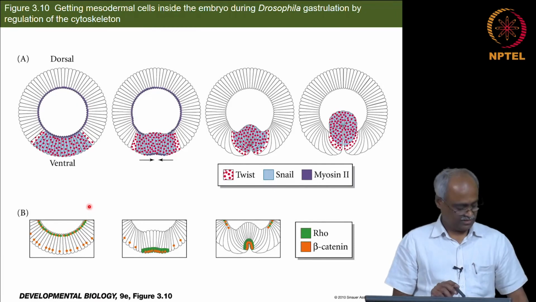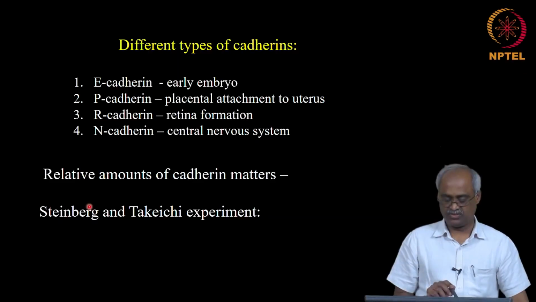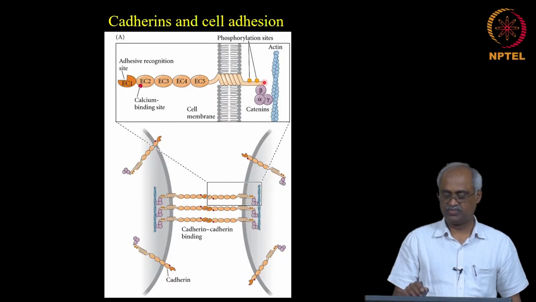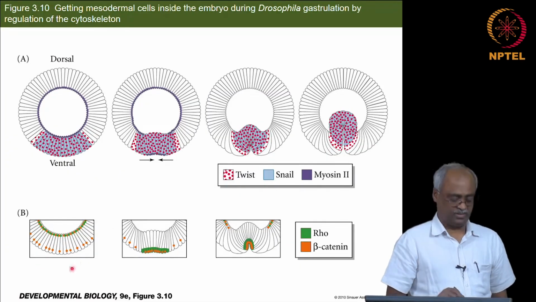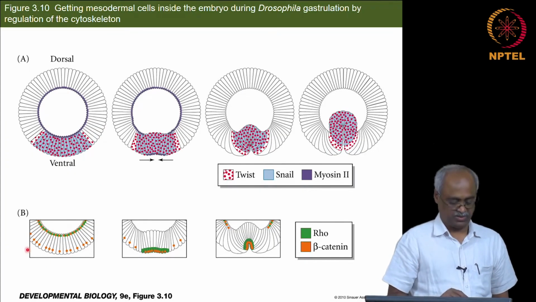Remember the beta catenin, right? So do not forget this, which is critical for attaching cadherins to the actin. So this is the early stage distribution. You have some beta catenin here, but Rho is primarily here.